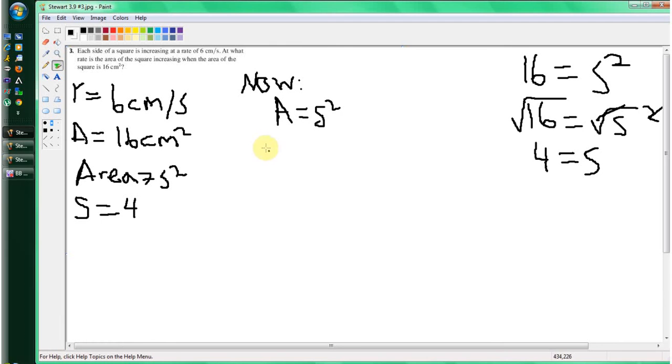So we have to find a derivative. So the derivative of A with respect to time is equal to the derivative of side squared, by the power rule, 2s. In general, the derivative of s with respect to time comes out.